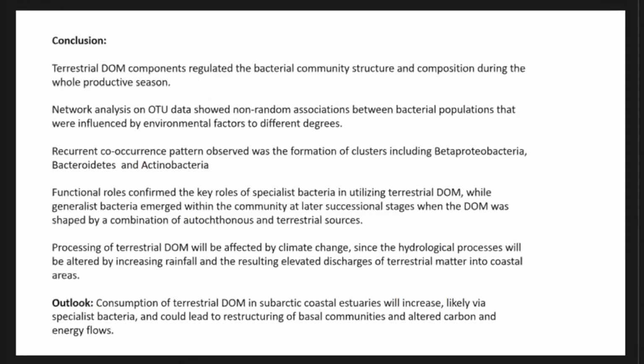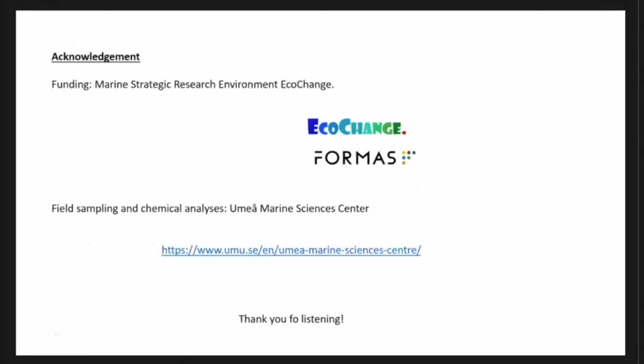That could lead to a restructuring of the basal community, the lower trophic levels, the bacterial community, and possibly also to altered carbon and energy flows in the food web.